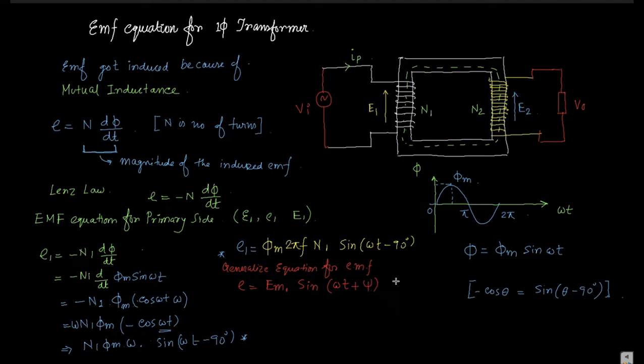You can write omega t plus theta, or omega t plus phi, whatever it is, that should be some Greek letter. So Em1 is the magnitude of the induced EMF in the primary side.